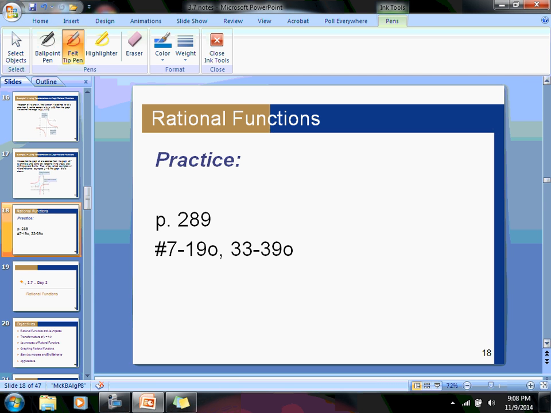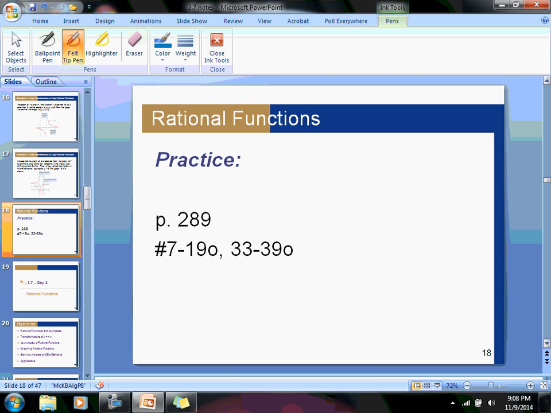Now if your horizontal asymptote is shifted up or down from 0, you have to make sure you're above the horizontal asymptote, because you could still have a positive value and be below the asymptote. So don't assume that just because it's positive it's above the asymptote. It has to be a value that's positive and greater than whatever that horizontal asymptote is.